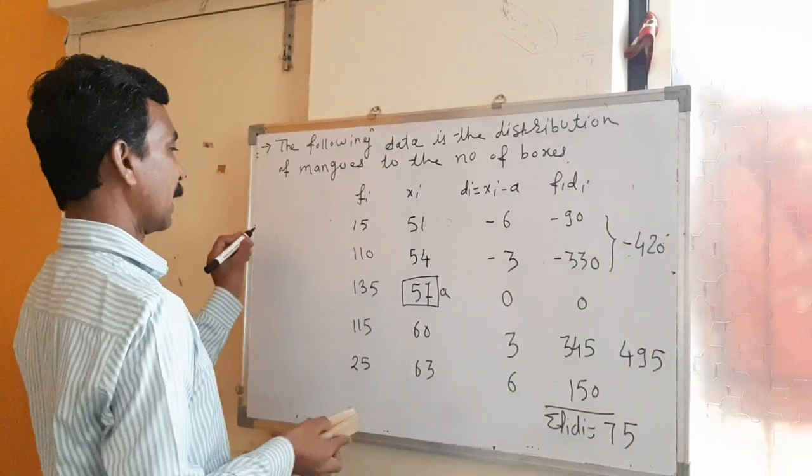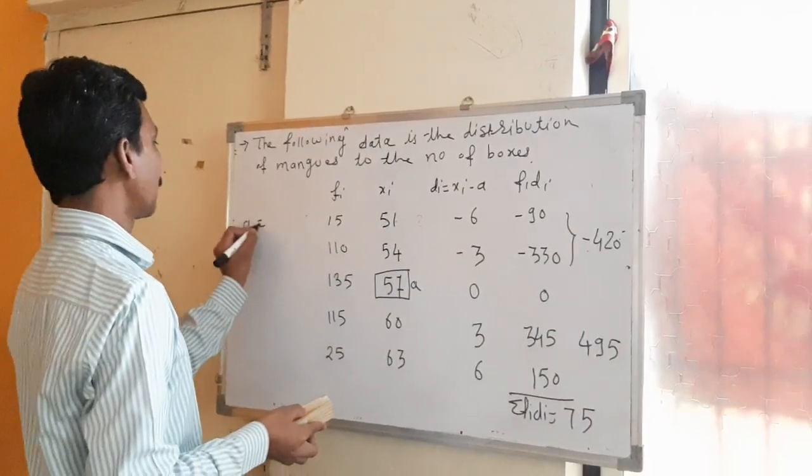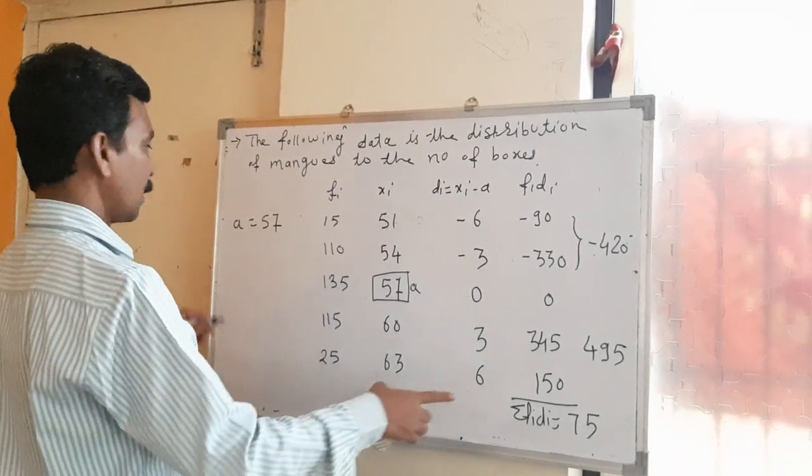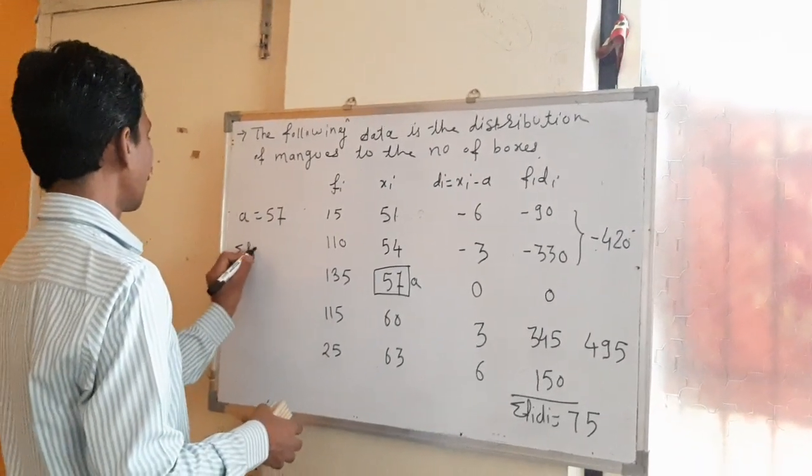I will write all the details here. First I'll write assumed mean as 57, then summation of Fi.